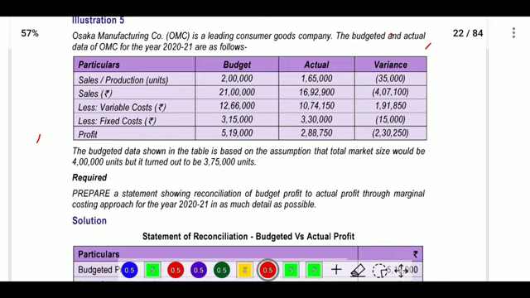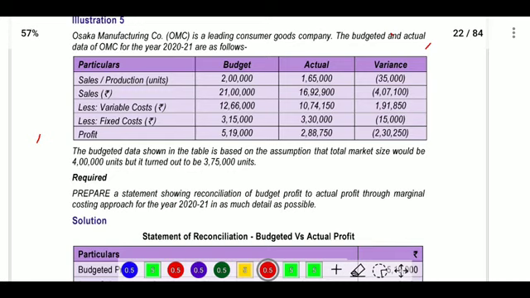So the above budget was provided based on 2 lakh units, on the assumption that the total market size would be 4 lakh units, but it turned out to be 3,75,000 units. So what is their budgeted market share? Prepare a statement showing the reconciliation of budgeted profit. Firstly, we will see the budgeted market share here.